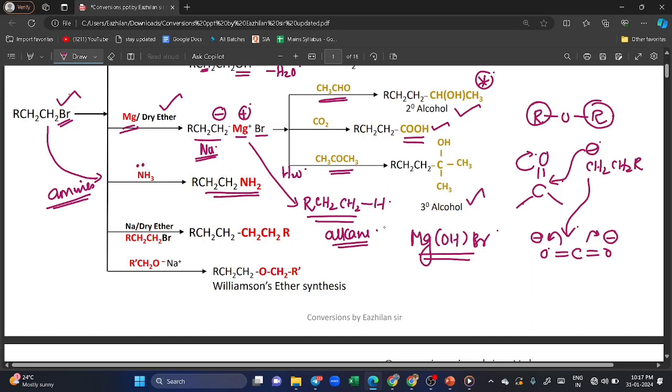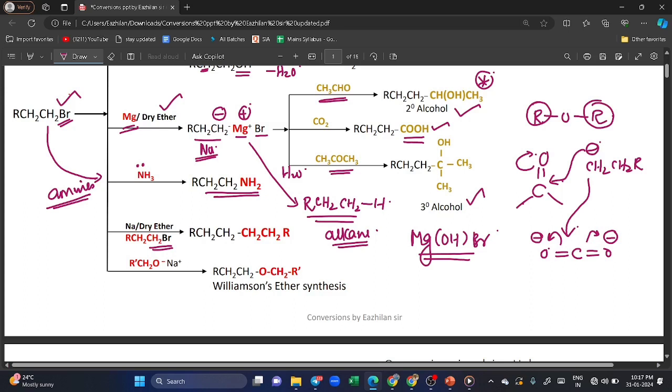Now the next one, I hope you would have spotted easily. It is a named reaction where I will just give you the clue. Let me not spoon feed you. I will not give you the entire name of this reaction, but you can always spot it. See, there are two molecules of haloalkane reacting with sodium in the presence of dry ether.